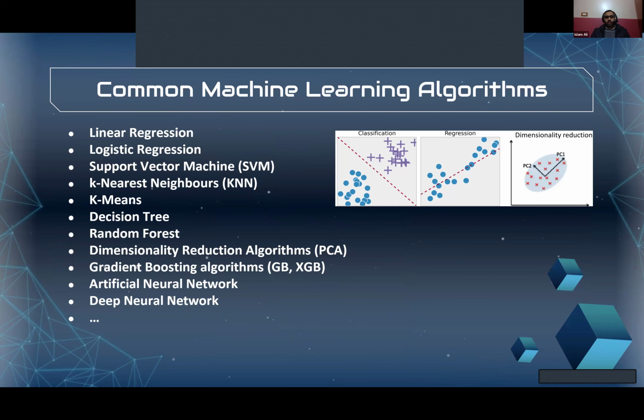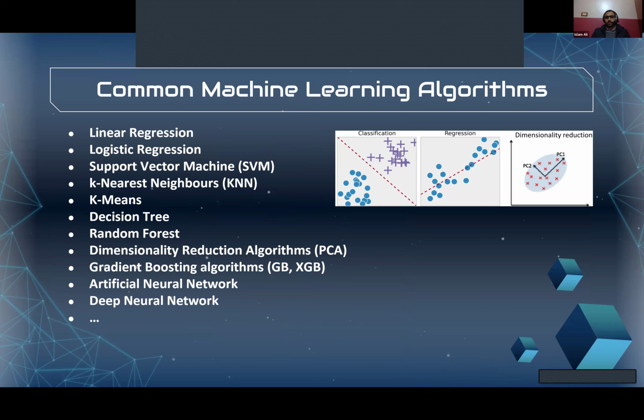Before going to the actual case studies and applications of machine learning, we have to understand that there are lots of algorithms that work with machine learning, from the simplest linear regression algorithm to very sophisticated and complex algorithms such as deep neural networks and deep learning.